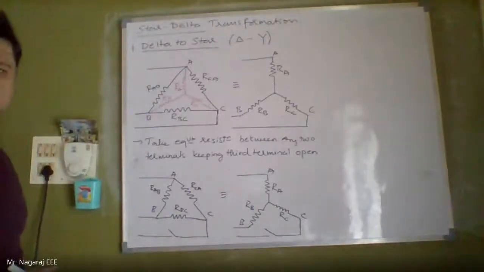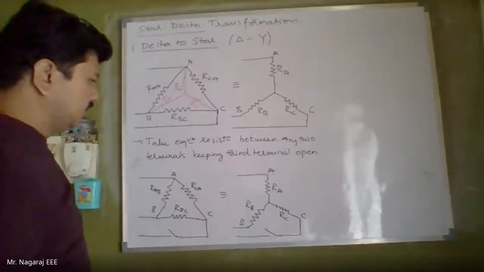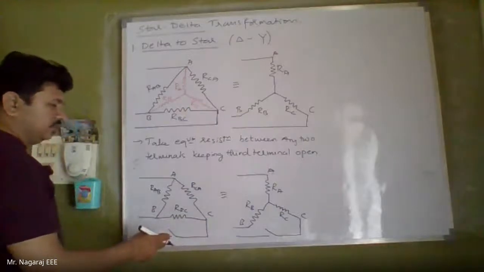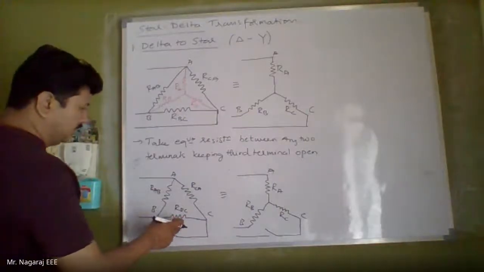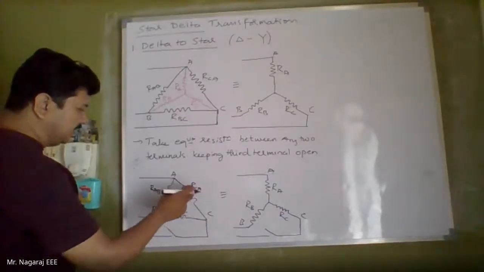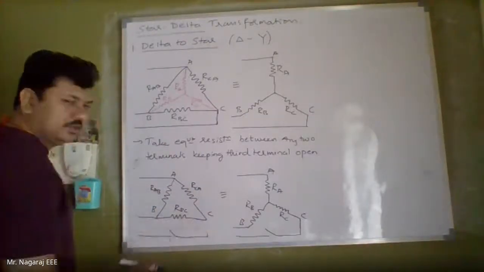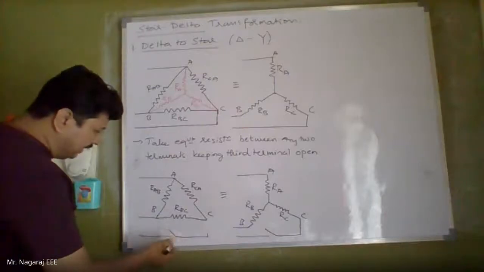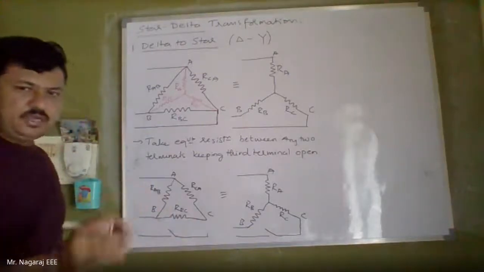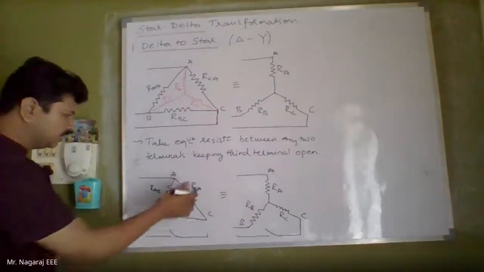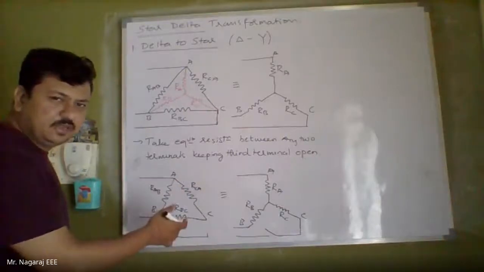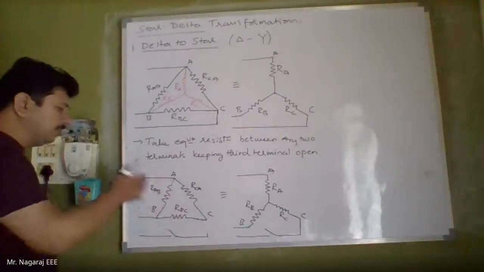Now the C terminal is open. You can observe here RBC and RCA are in series because this is open, this branch is discarded. So when this line is open, a node is not formed at C. Therefore, these two resistances come in series and these two in series are in parallel to RAB.